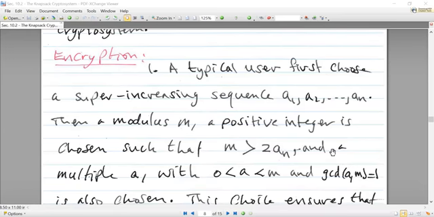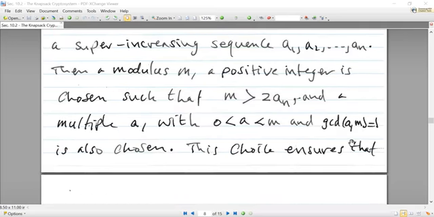And also we're going to choose something we call a multiple A, a number between 0 and M, and it is relatively prime to M. We're going to see why we need this condition on the greatest common divisor.